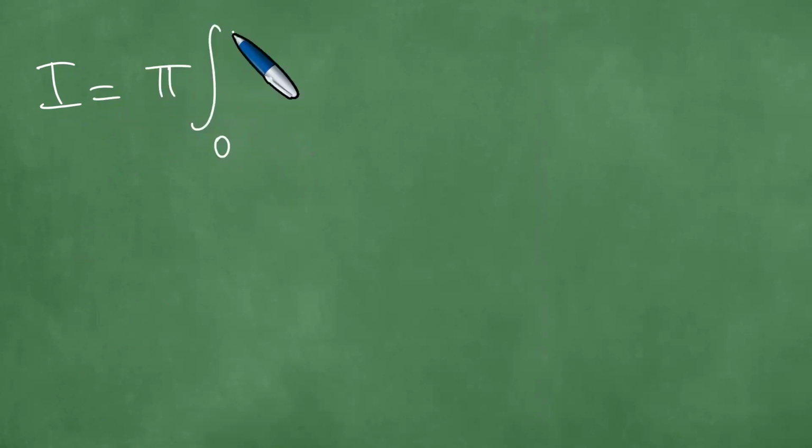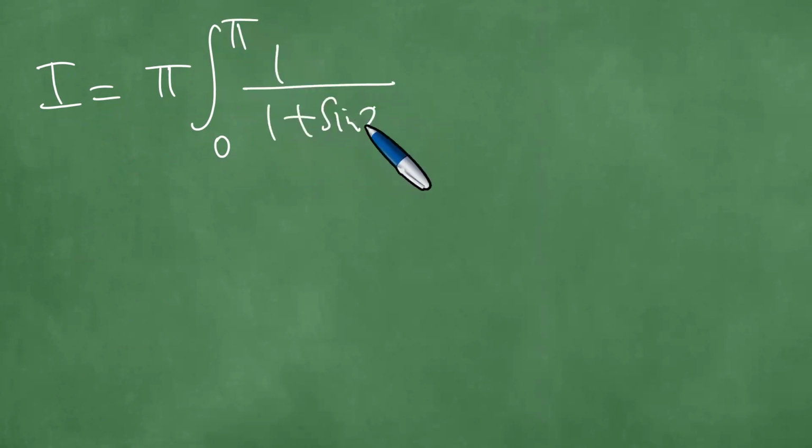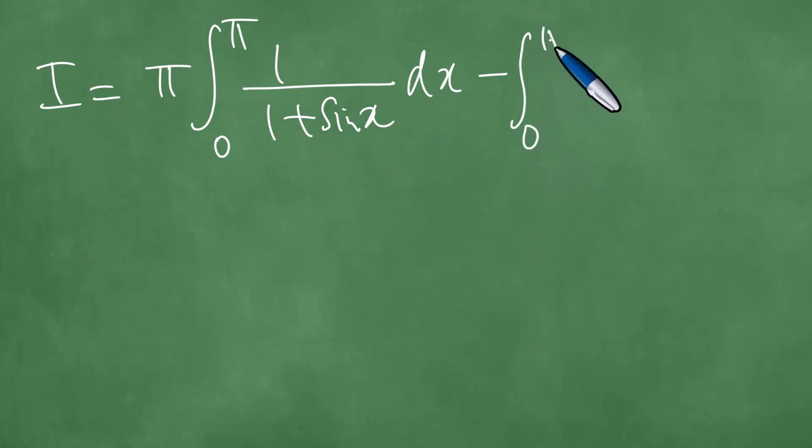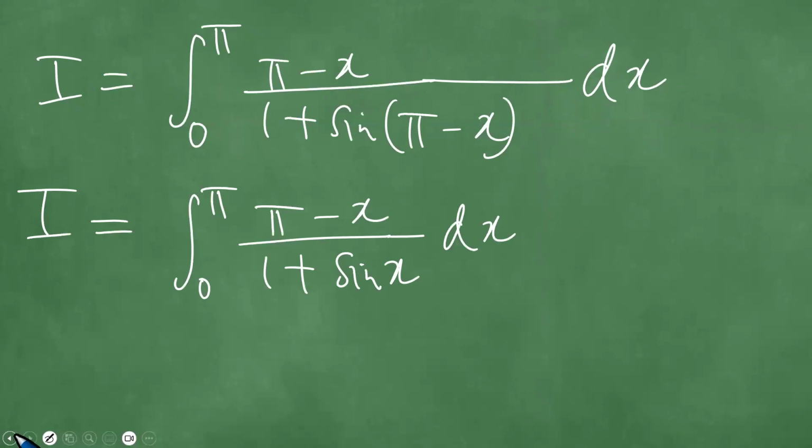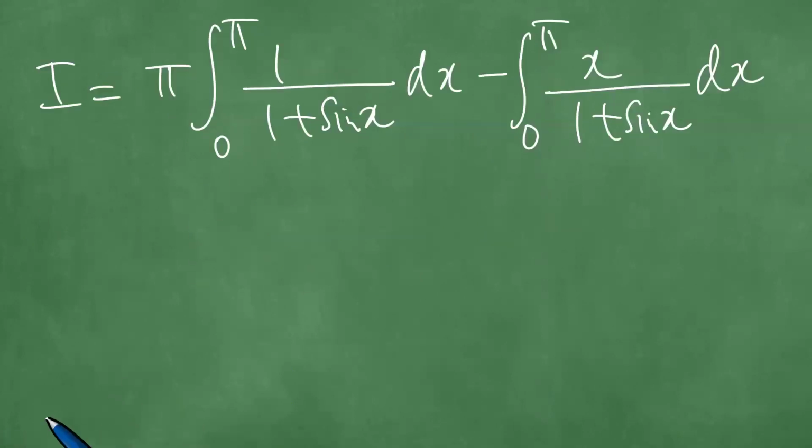By distribution, we have I equals pi times the integral from 0 to pi of 1 over 1 plus sine x dx minus the integral from 0 to pi of x over 1 plus sine x dx.